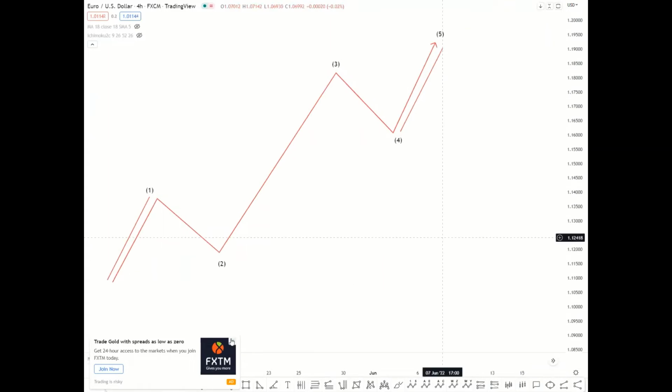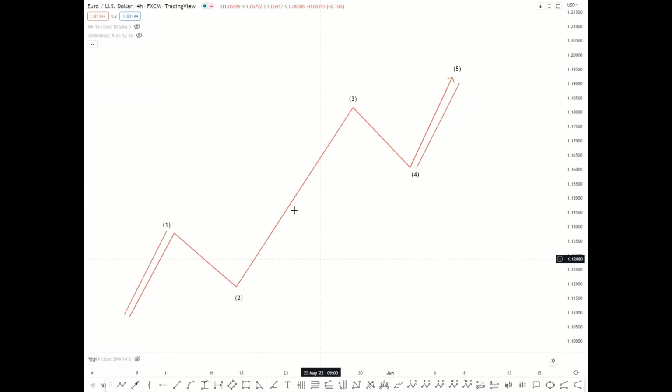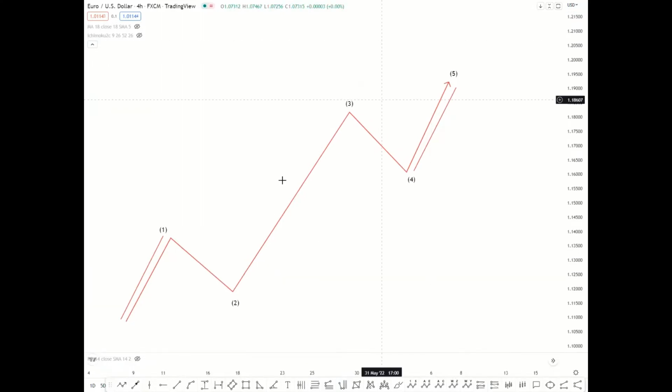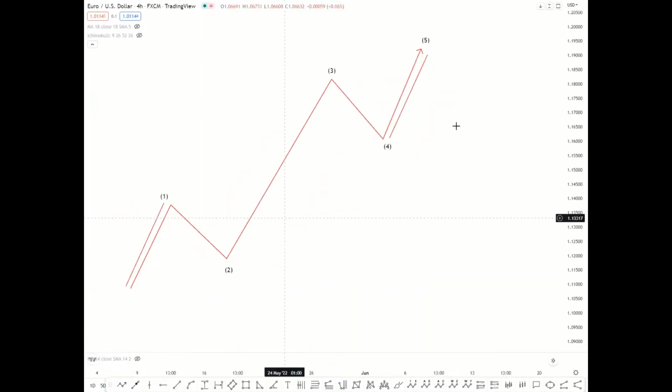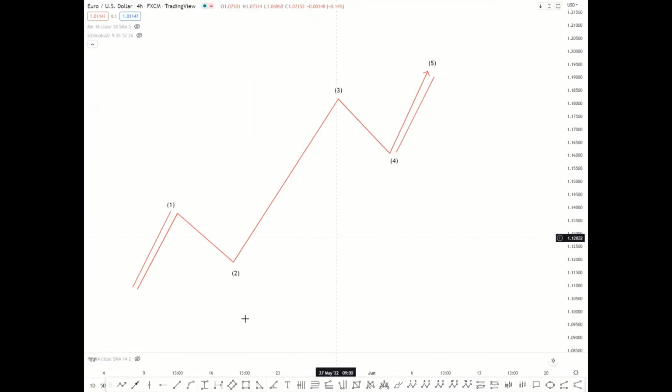After that, let's first talk about the multi-waves. These are the multi-waves, right? Because after the multi-wave, you get the correction as an ABC correction opposing the structure. But the overall structure is bullish.